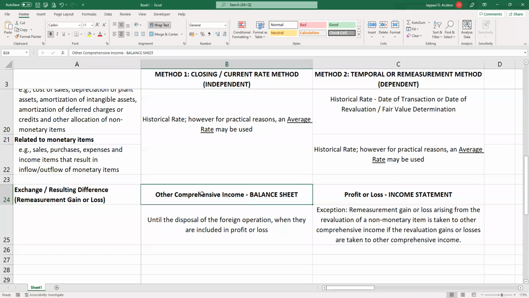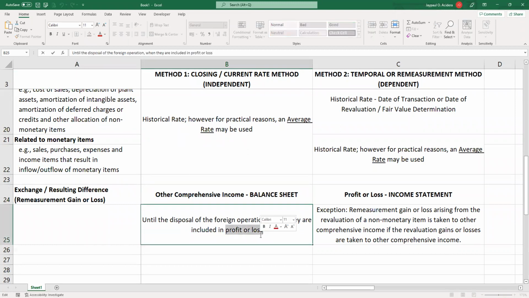Now, if it is method 1, diba, initially it will be OCI. Pag OCI kasi, it is a permanent account, no? Cumulative siya na iipon. So, kailan siya mawawala sa balance sheet? Kailan siya matatransfer sa P&L? Okay, so from OCI going to P&L, mare-reclassify siya upon disposal of the foreign operation.